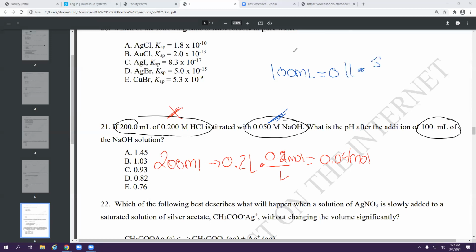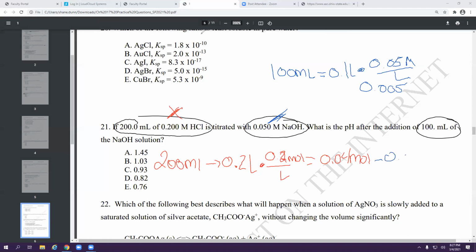That times the 0.05 concentration. It's 0.1 times 0.05 gives me 0.005 moles.